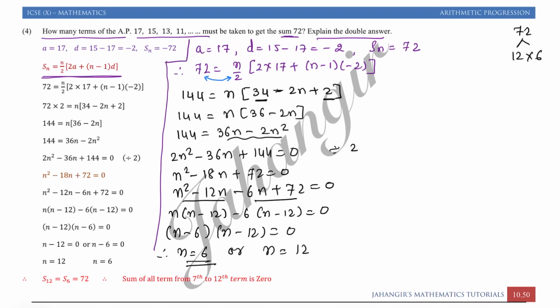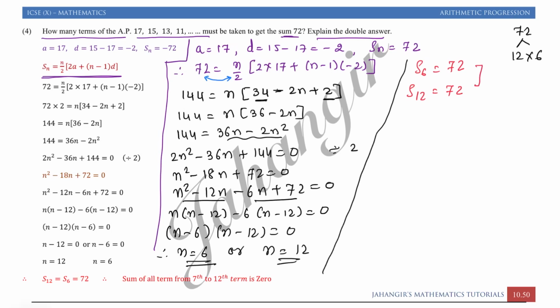See, here both values are positive. In this type of question, you get this type of answer when the sequence is decreasing. So the sum of 6 terms is 72 and the sum of 12 terms is also 72.